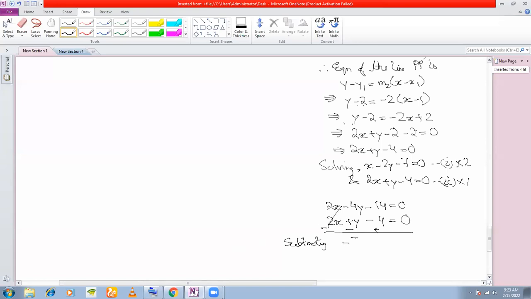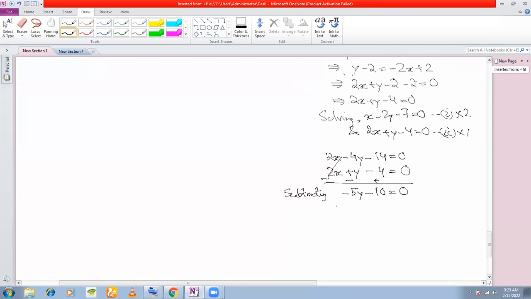So you get minus 5y, and minus 14 plus 4 will give you minus 10 is equal to 0. Right? So you get here minus 5y is equal to 10. Means you get y is equal to 10 by minus 5. You get y is equal to minus 2.